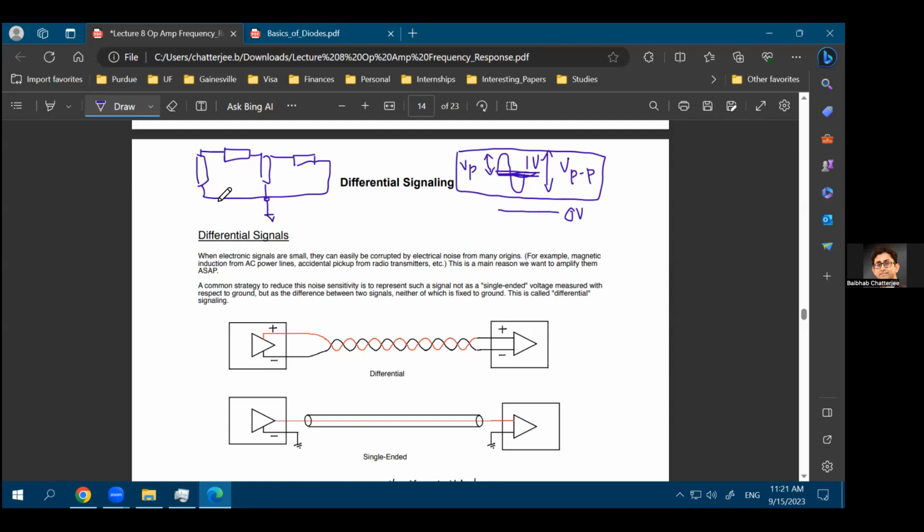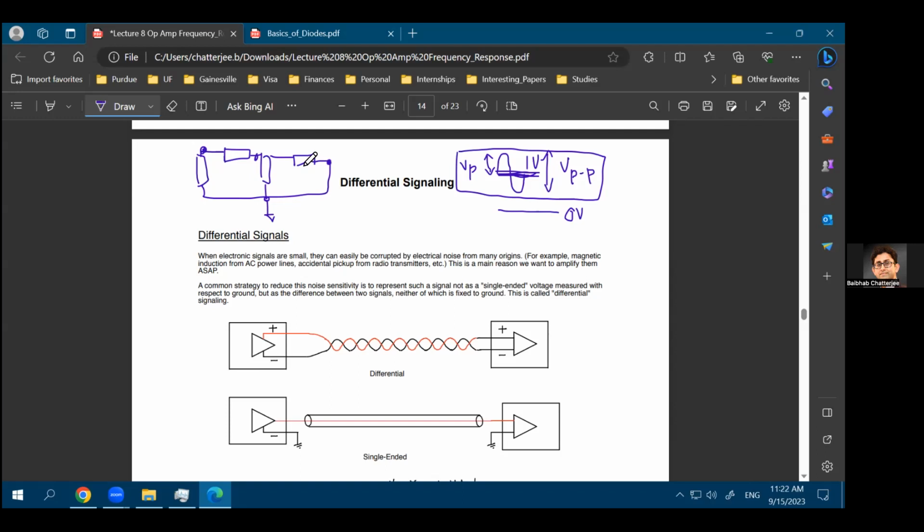So with respect to this reference point, you will eventually find out all the voltages and currents at other points or other terminals. Whenever you're doing that with respect to a reference voltage, it's called a single-ended signal. With respect to the reference, I can find out all the different voltages and currents at every terminal.